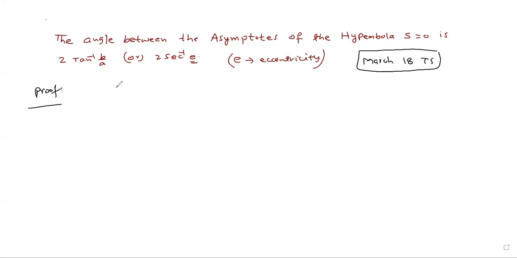What are the equations of asymptotes? Write down the equations of the asymptotes. Equations of the asymptotes are y is equal to plus or minus b by a x.